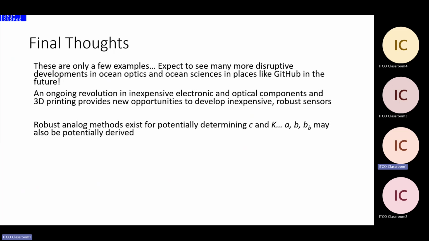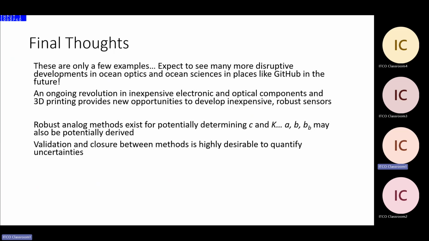I think the other ones are more geared toward the analog side of things, but I'll just say that combining the two methods, like getting the KD plus getting the C with the black disk, combining the digital and analog methods really gives you a nice suite of measurements. And even the ability to cross-validate some of these different techniques as well. So you can actually get a nice suite of IOPs.